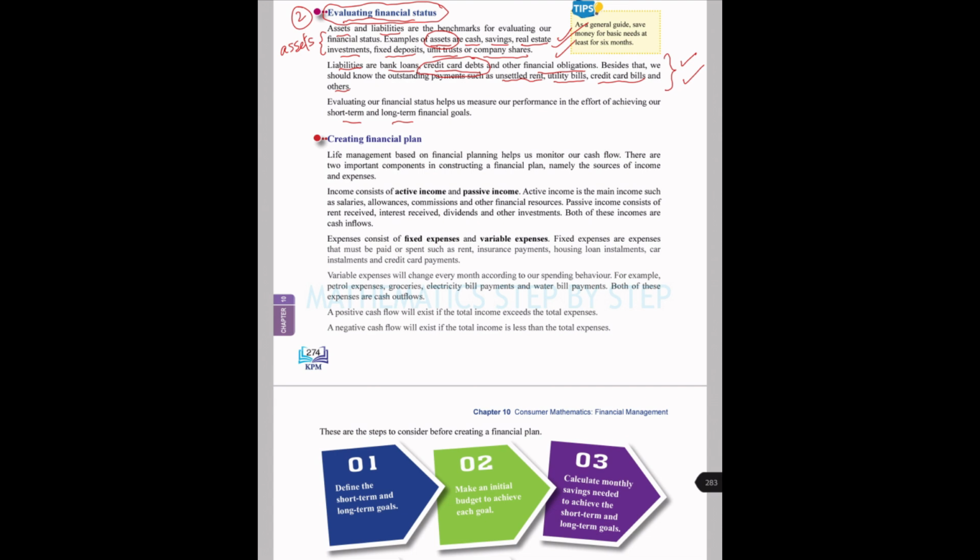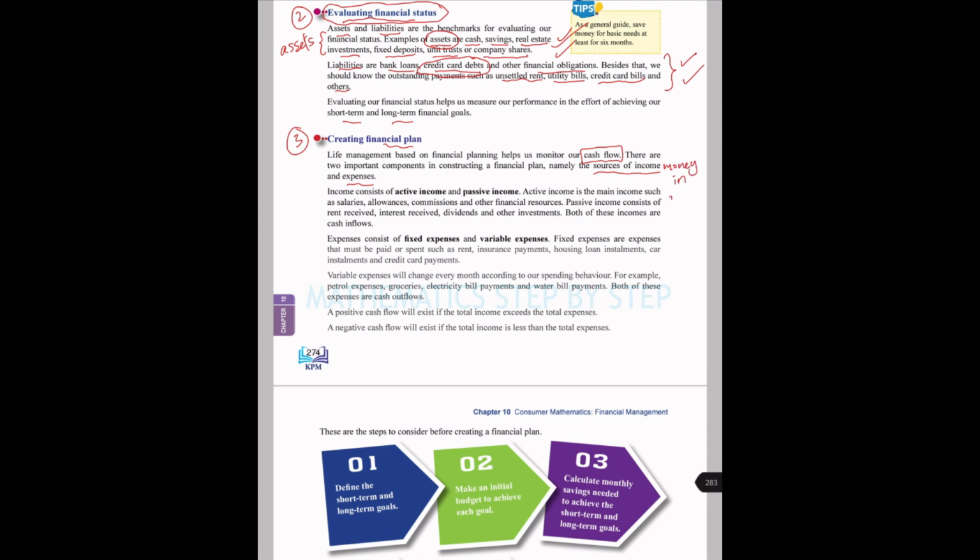Okay, then the third step, creating a financial plan. Life management based on financial planning helps us monitor our cash flow. Okay, later we'll learn about this cash flow. Okay, there are two important components in constructing a financial plan, namely the sources of income and expenses. Okay, sources of income is money in.